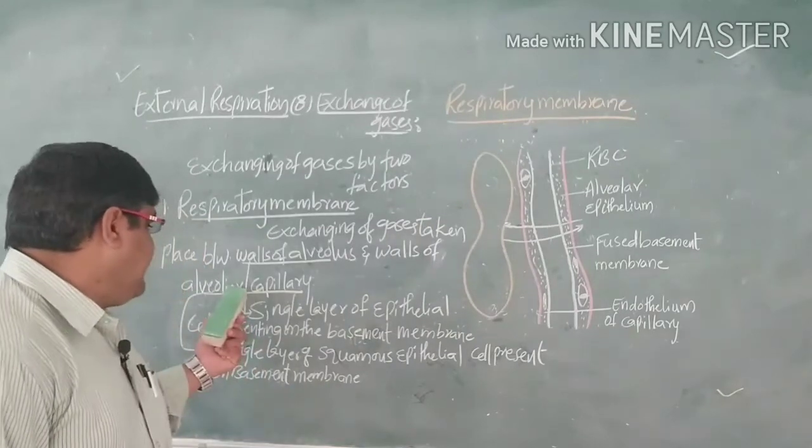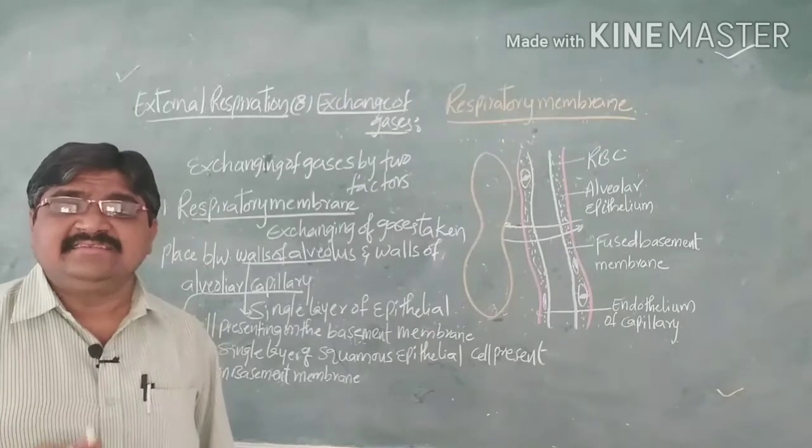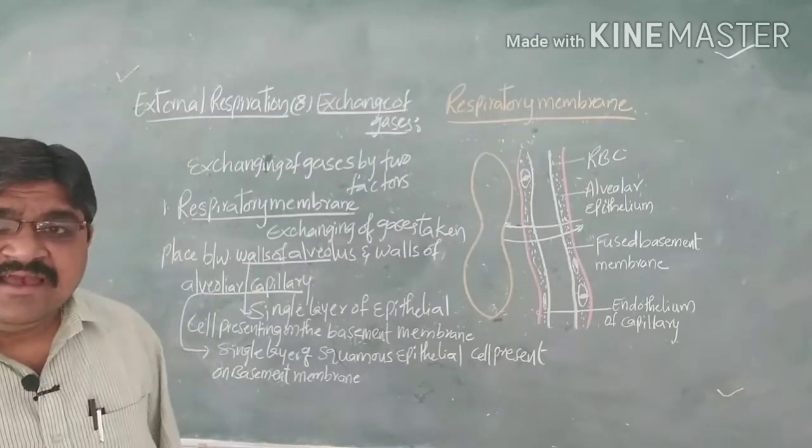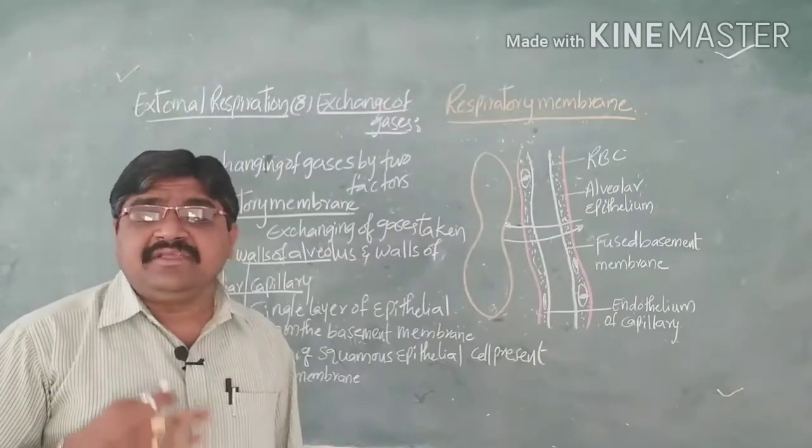The alveolar walls are made up of squamous epithelial cells, a single layer of simple epithelial cells.